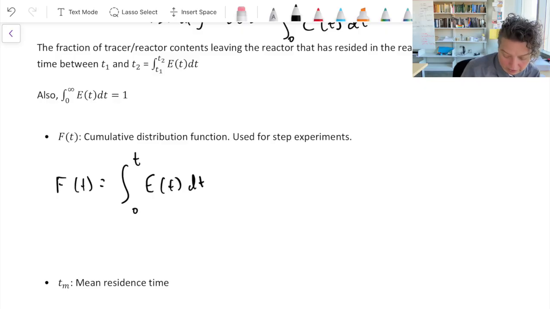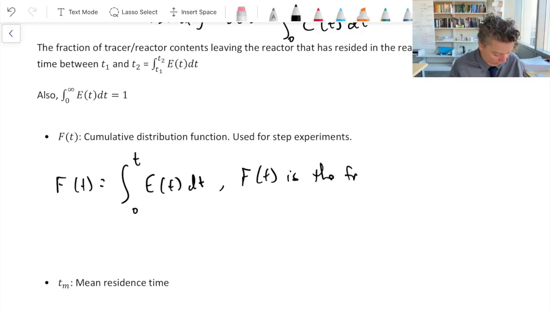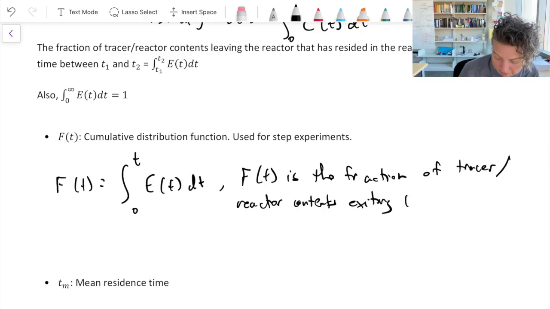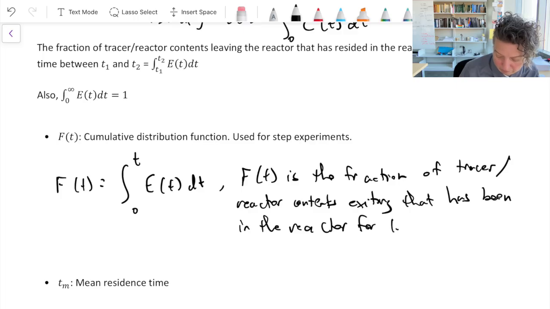And it tells us the fraction of tracer or reactor contents exiting that has been in the reactor for less than time t.